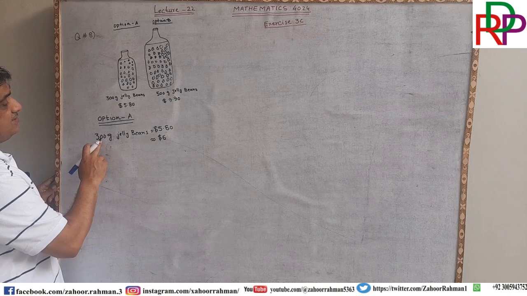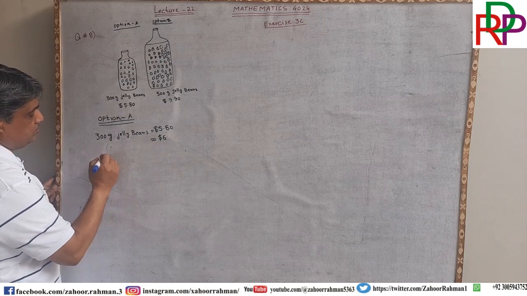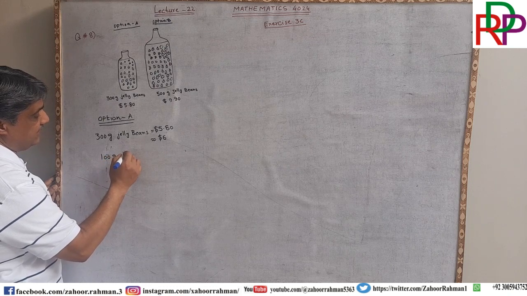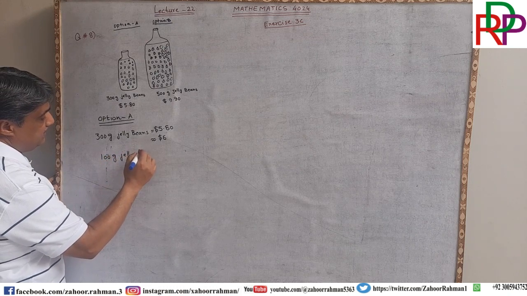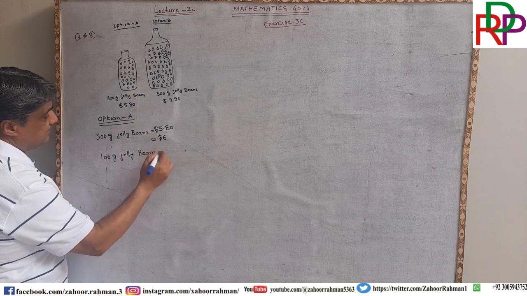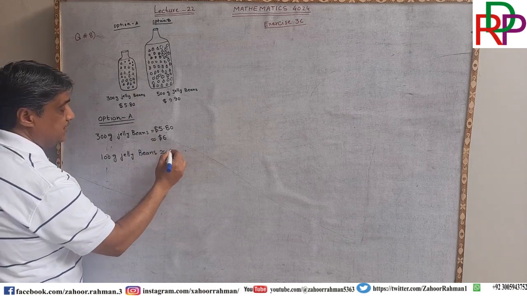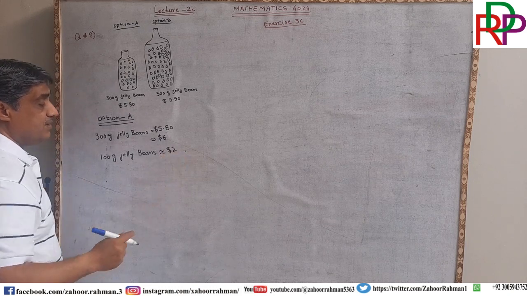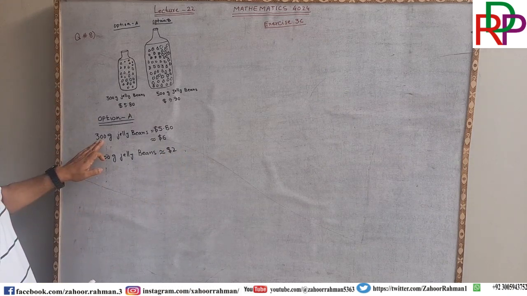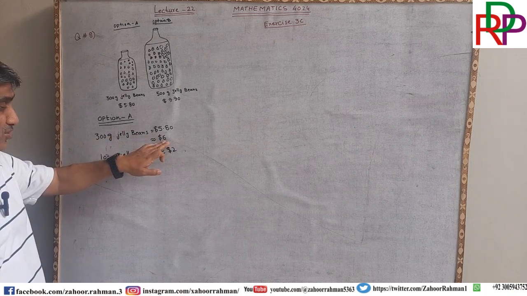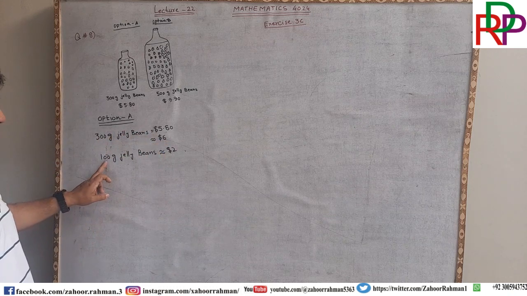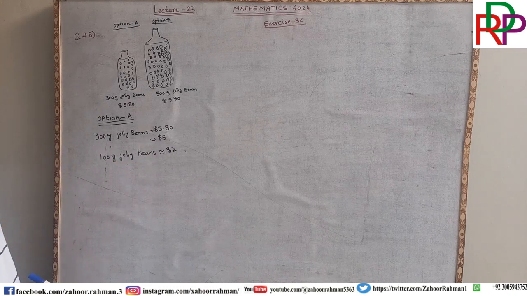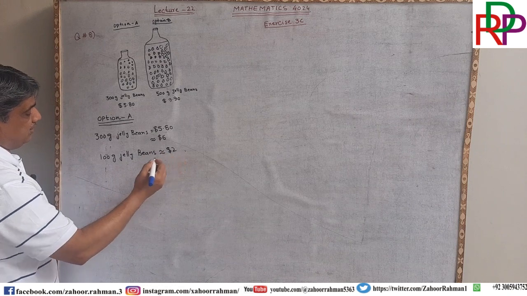If 300 is nearly equal to $6, then 100 gram jelly beans will nearly be equal to $2. 300 means $6 nearly, so 100 gram jelly will be nearly equal to $2.